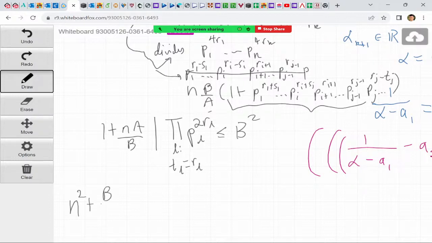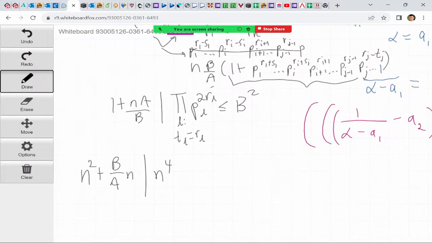N times B over A divides N to the 4. And then we turn this into N times A over B plus 1 divides N to the 4.